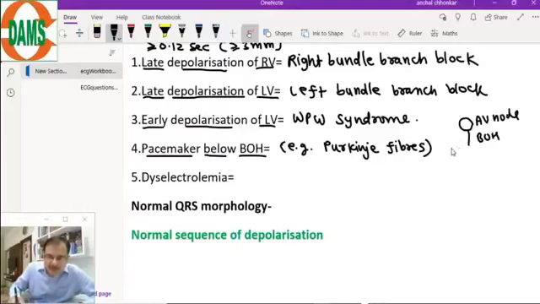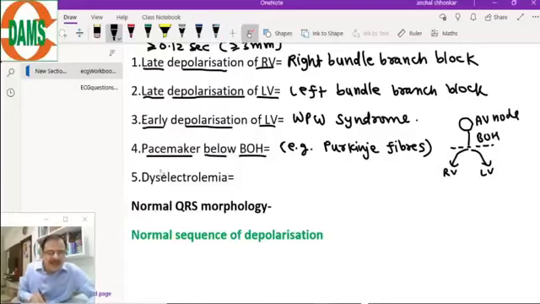But if below this line, below the bundle of His, the impulse is originating, a pacemaker is there for the ventricles. So remember, it will either originate from the right ventricle, so that pacemaker will depolarize the right ventricle first, followed by the left ventricle, and vice versa. So if the pacemaker is below the bundle of His, that is Purkinje fibers.